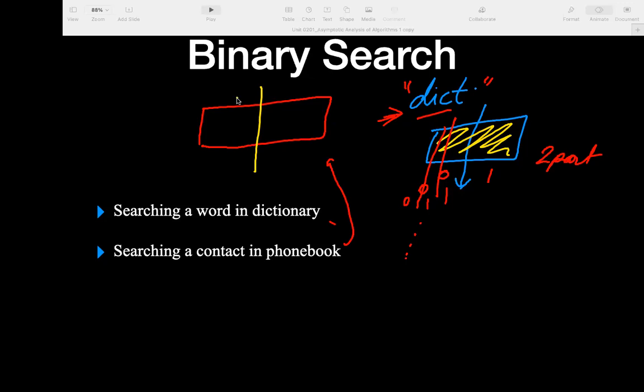Similarly, we can divide and search and find where a particular name appears. So these types of searches are called binary searches, and we will look at this example and try to analyze this algorithm as we write it down.